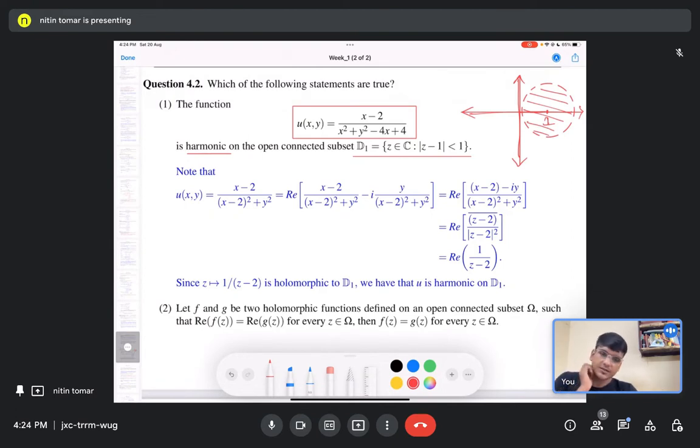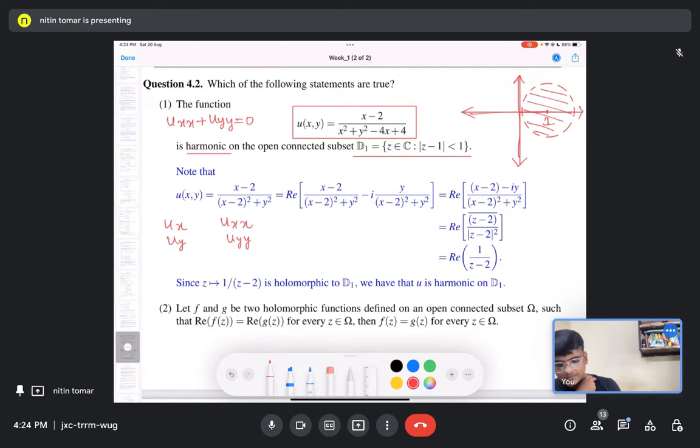What does harmonicity mean? Harmonic means u_xx plus u_yy is 0. One can check this, right? You find the partial derivative with respect to x, then again differentiate with respect to x. You find the partial derivative of u with respect to y, and again differentiate it with respect to y.